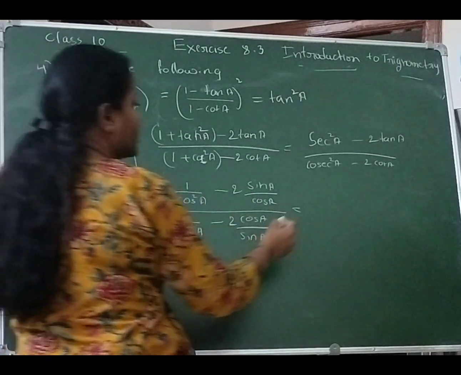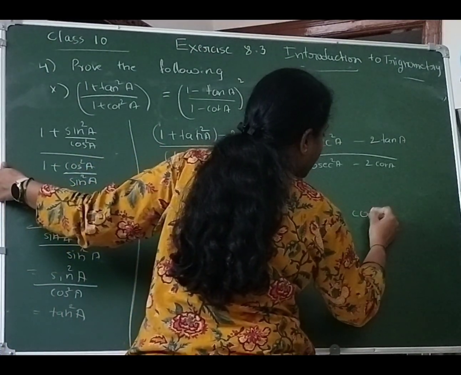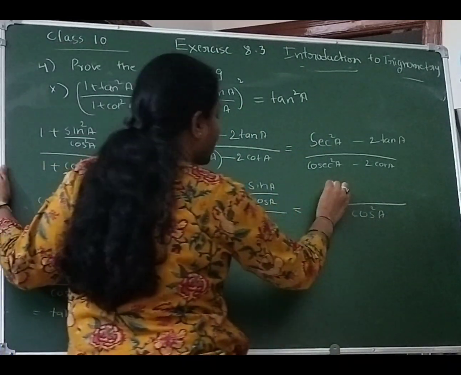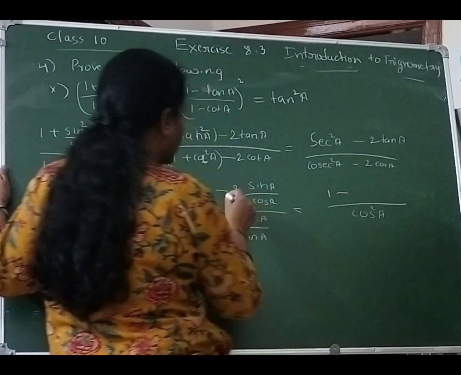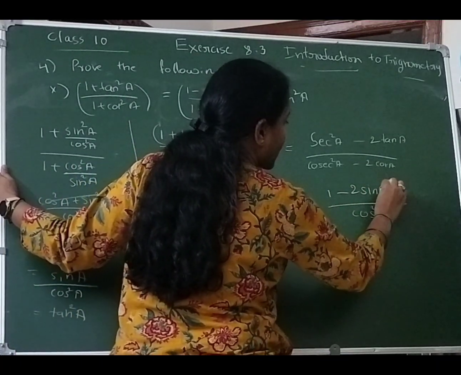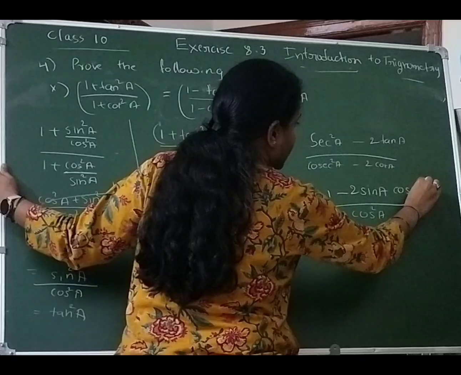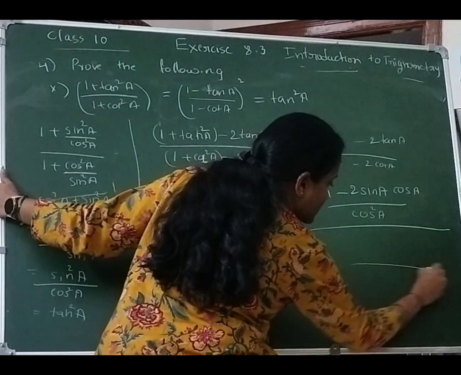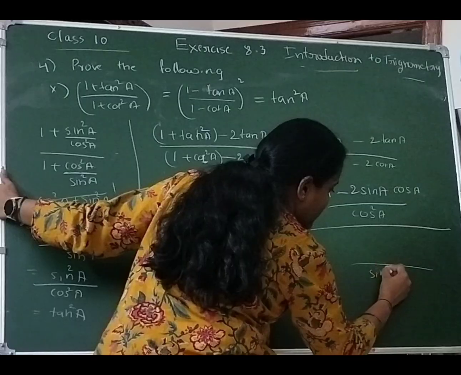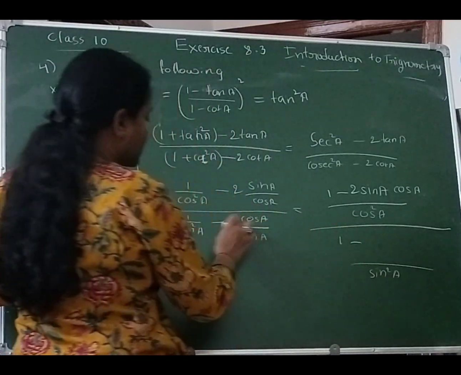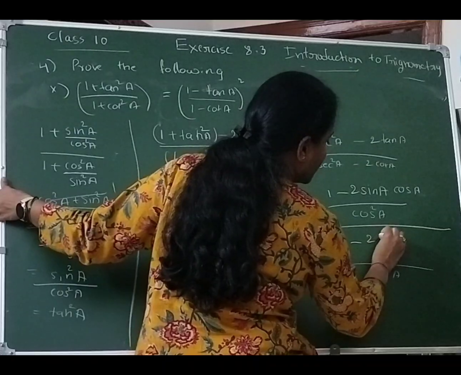LCM is nothing but cos square A here, right? So when you take the cos square A LCM, it will become 1 minus 2 into cos A into sin A, or sin A into cos A. Similarly, in the denominator, we'll take the LCM as sin square A, and we'll get the answer 1 minus 2 sin A into cos A.